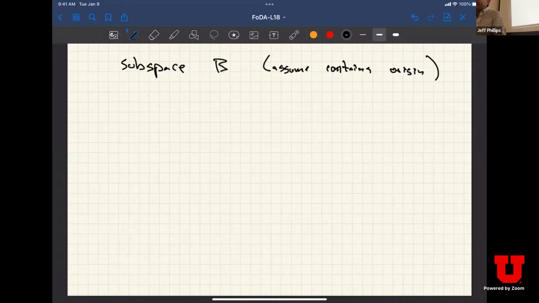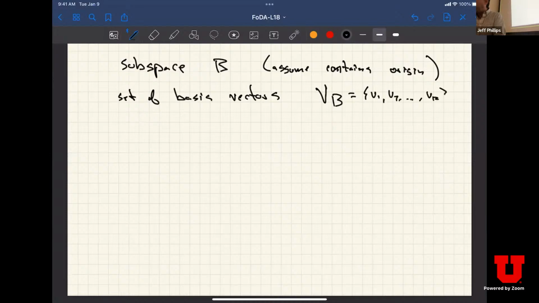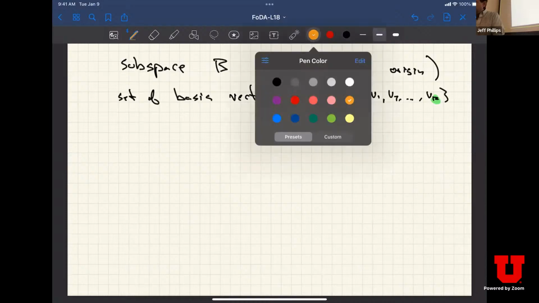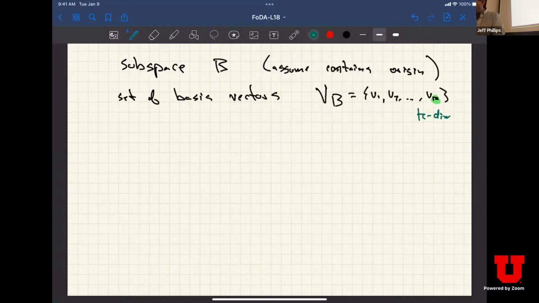Okay, and so we're going to represent this by a set of basis vectors. We'll call this VB. This will be V1, V2, up to, say, VK. It'll be a K-dimensional subspace. These all lie still, just like before, in R^D.